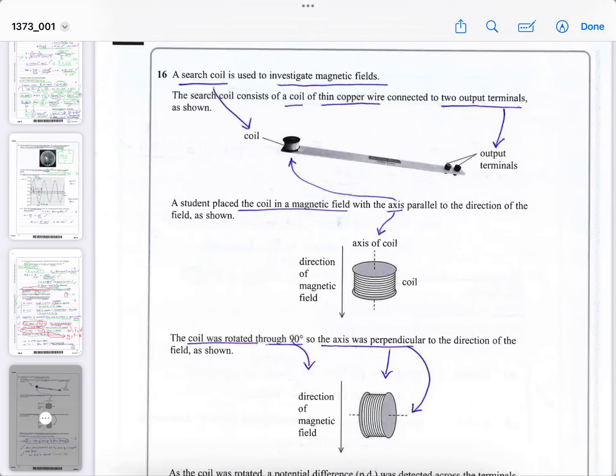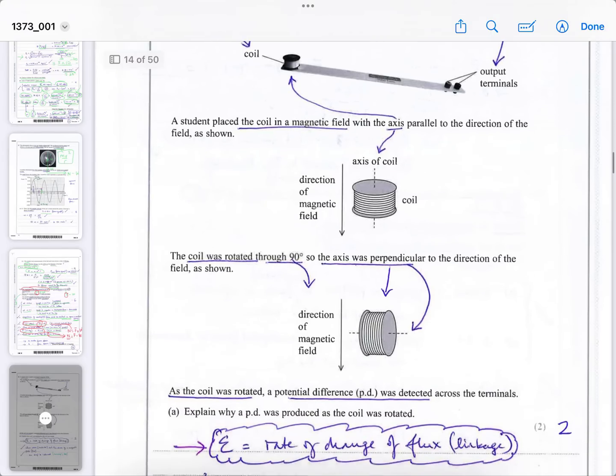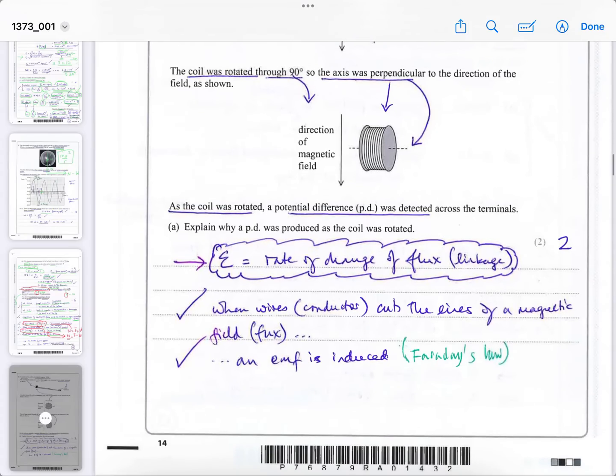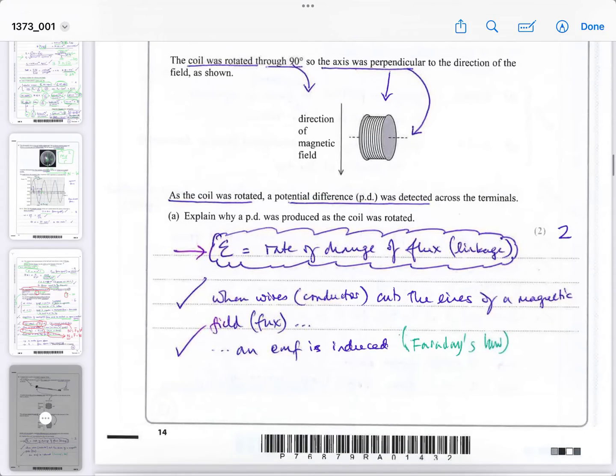Okay, so the magnetic field is going through the coil. And then in the second diagram, the coil was rotated through 90 degrees, so the axis was now perpendicular to the direction of the field. So obviously in the first position you get bigger flux linkage than in the second position.